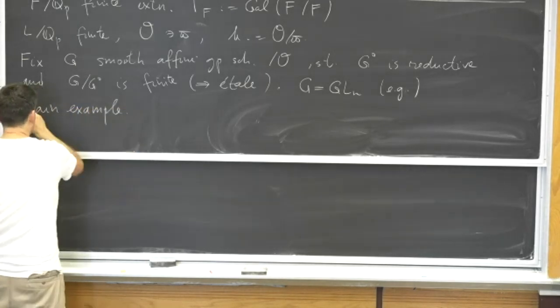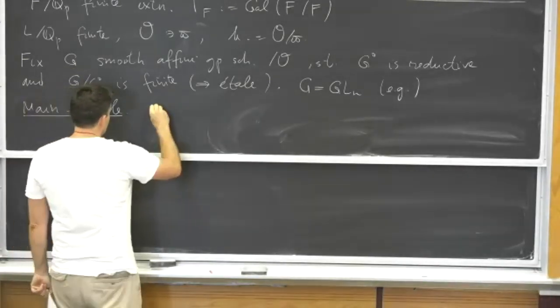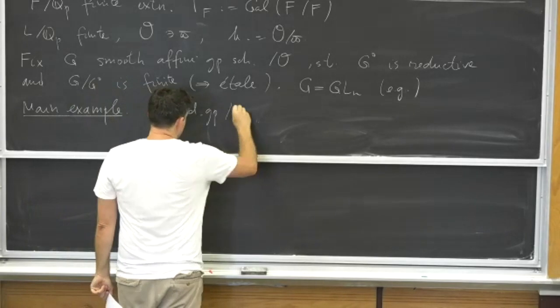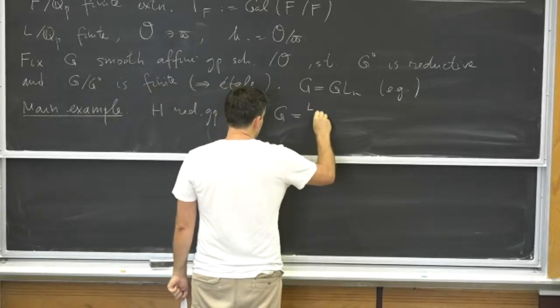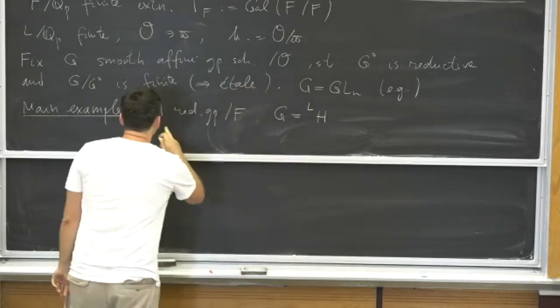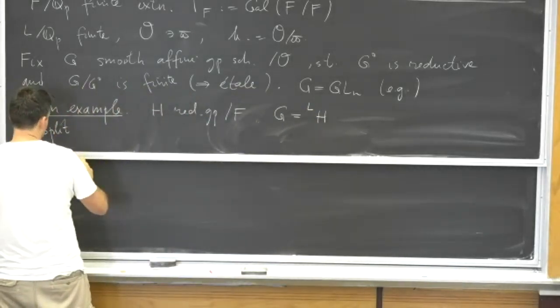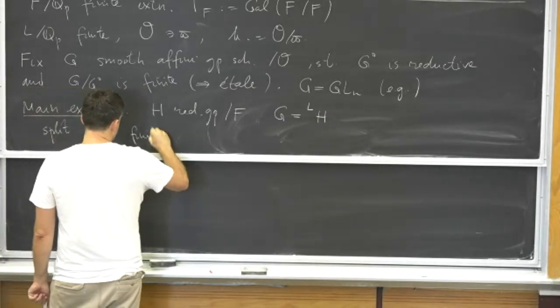But I should allude to the main example that the setup handles. If I have H, a reductive group over F, then G can equal the L group of H, split over E over F, so this is finite Galois.